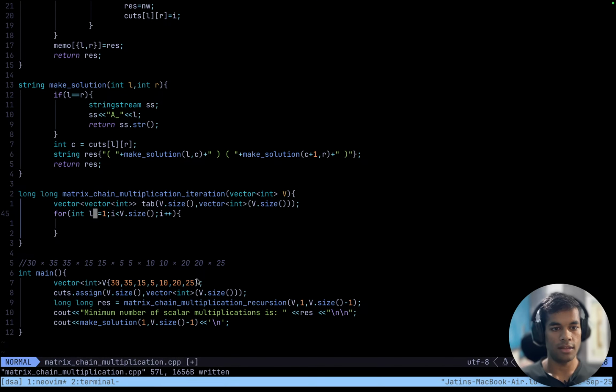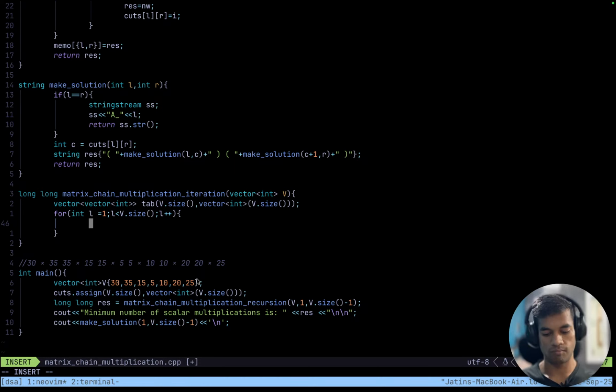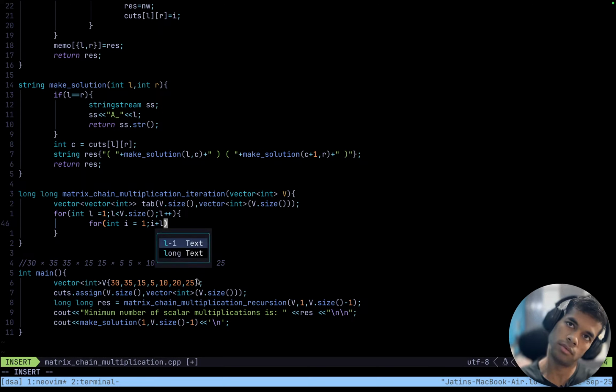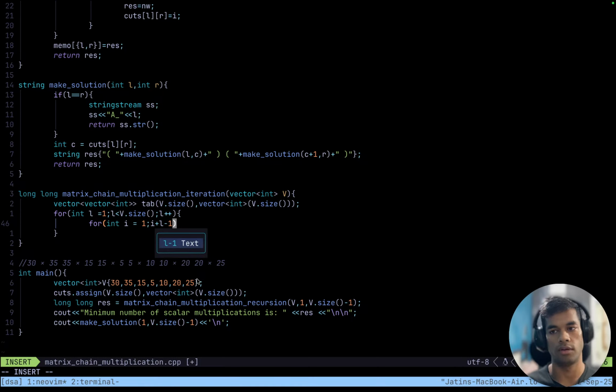So let's say length, and internally for int i equals 1, we will start iterating from 1, while i plus 1, i minus 1, or i plus L, i plus L minus 1.